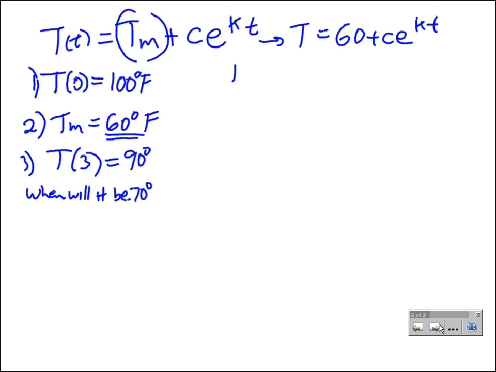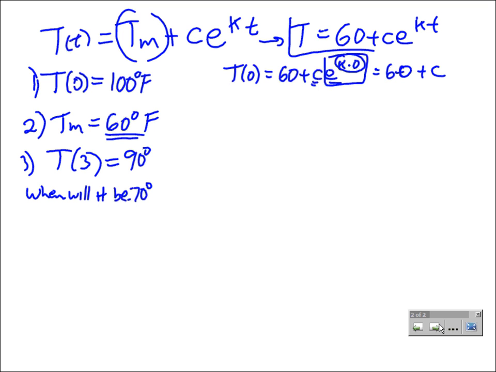So on one hand, using this formula, T of 0 is 60 plus C e to the k times 0. The k times 0 is 0, and e to the 0 is 1. So it's C times 1, which is C. So we get 60 plus C. That's on one hand what T of 0 equals.